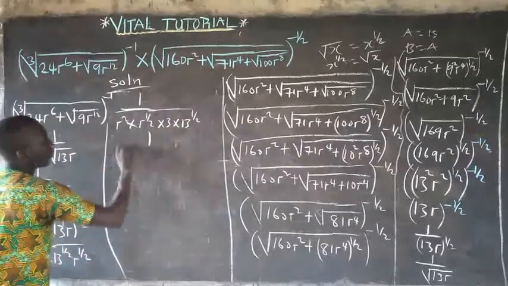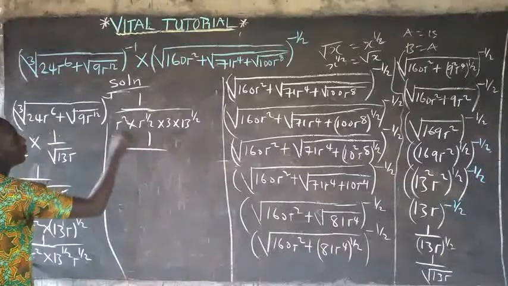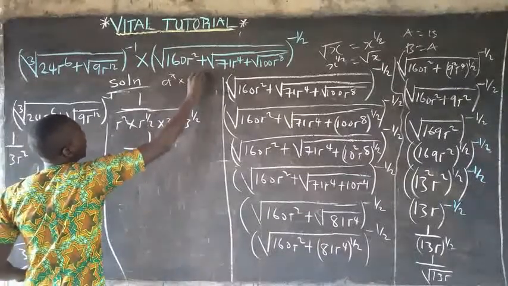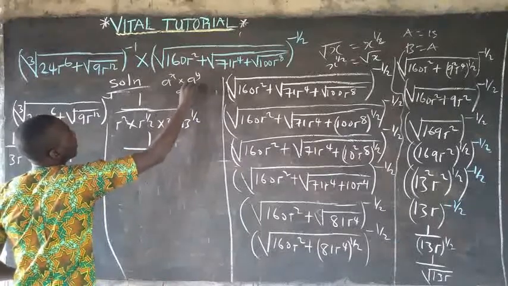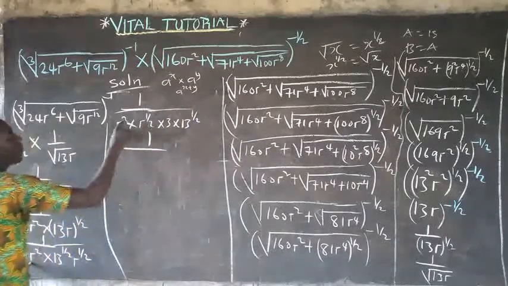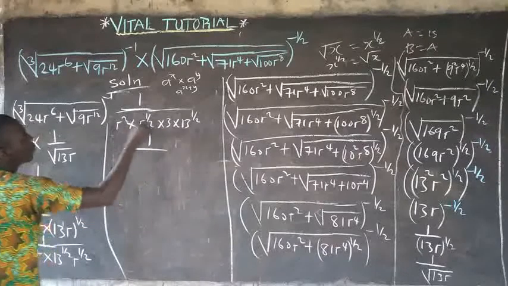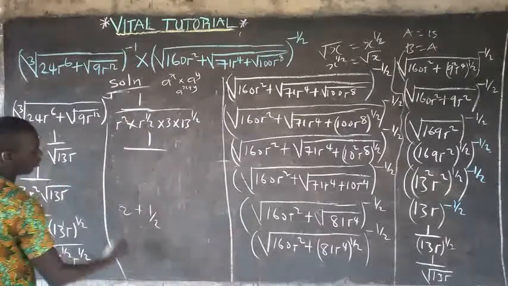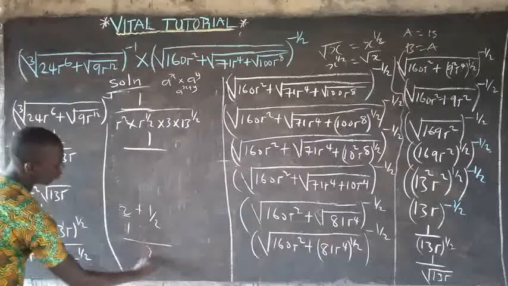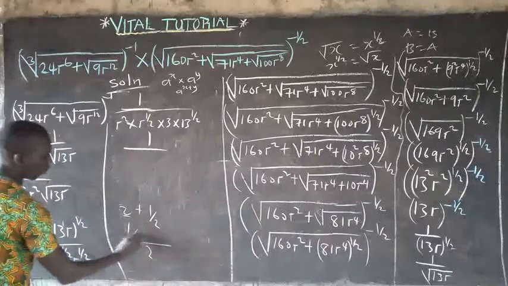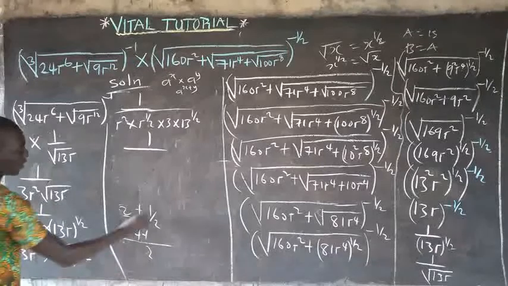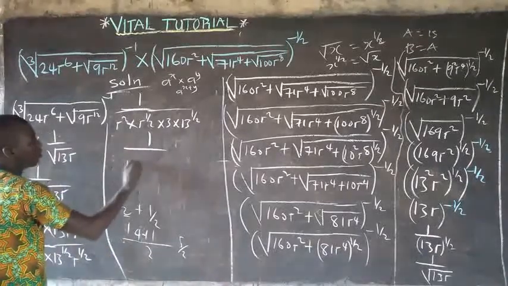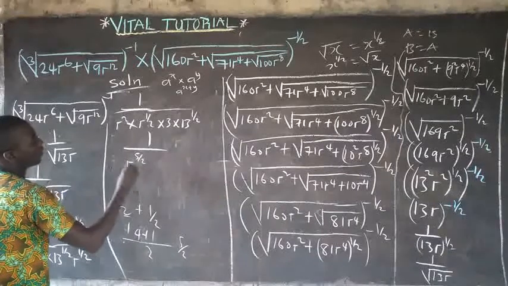When you have a raised to the power of x multiplied by a raised to the power of y, it is the same as a raised to the power of x plus y. So we add the powers together: 2 plus 1 all over 2. 2 times 2 is 4, plus 1 is 5 all over 2. So this one will be r raised to the power of 5 all over 2.